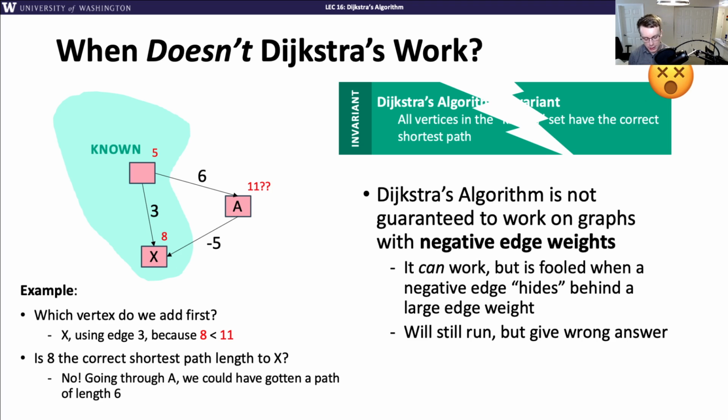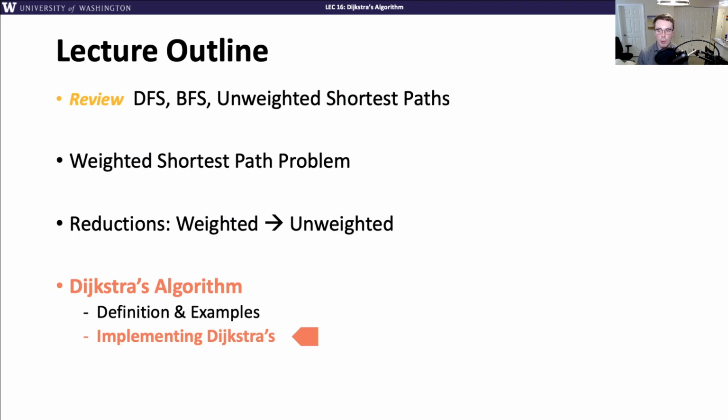Now, I want to start wrapping up just because we're cutting it close to time. I want us to think about where we're going to be going on Monday. We're going to be continuing our discussion of Dijkstra's. I talked about Dijkstra's in terms of the pseudocode and examples and why it works. However, I left out quite a few details of how you actually implement this.